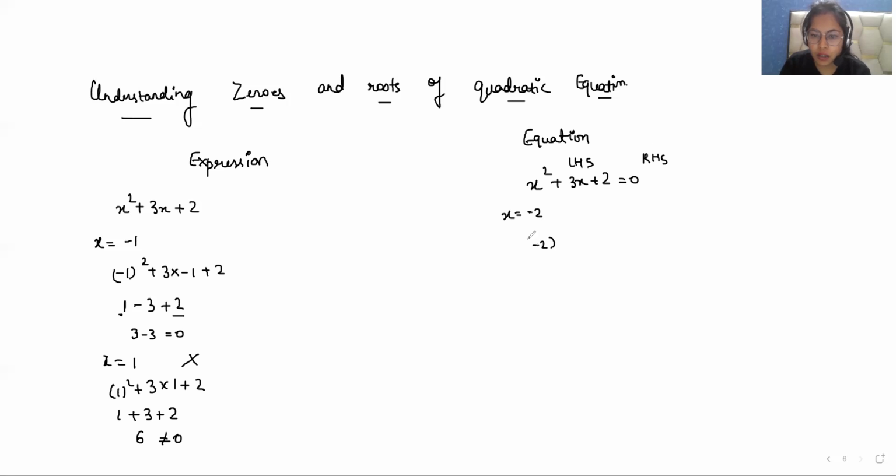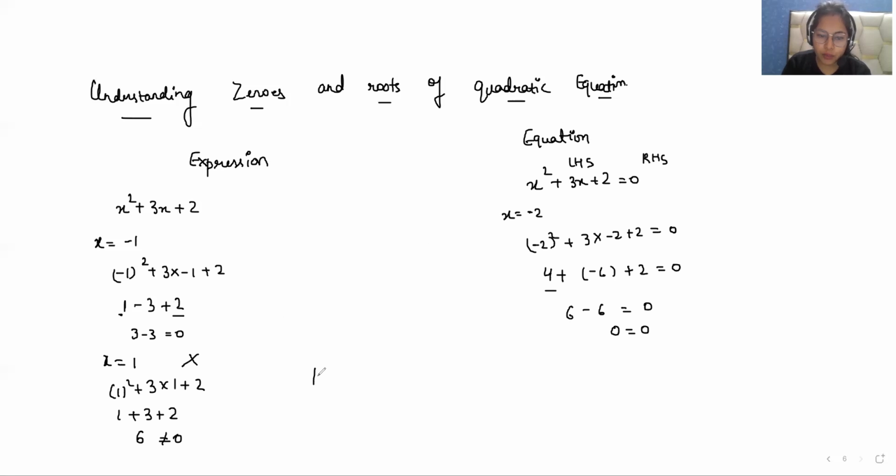So I'll put minus 2 square plus 3 multiply minus 2 plus 2 equals 0. Minus 2 square gives you 4, plus 3 multiply minus 2 is minus 6, plus 2 equals 0. So 4 plus 2 is 6, plus minus 6 equals 0. 0 equals 0. That means LHS equals RHS. So this is a root of this equation.